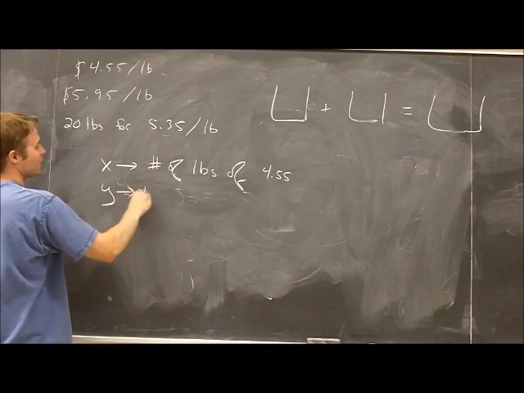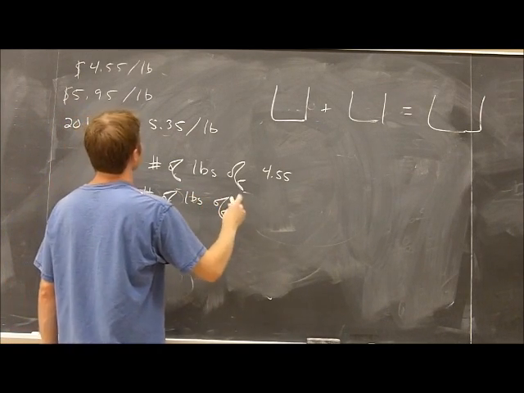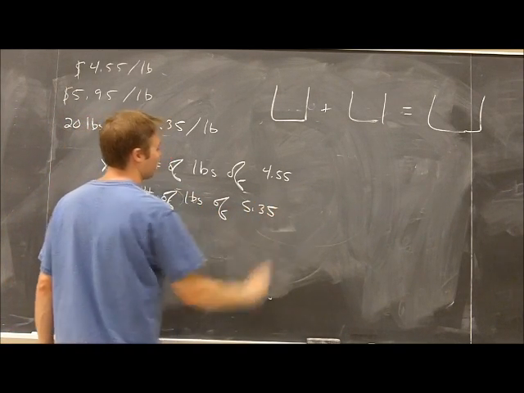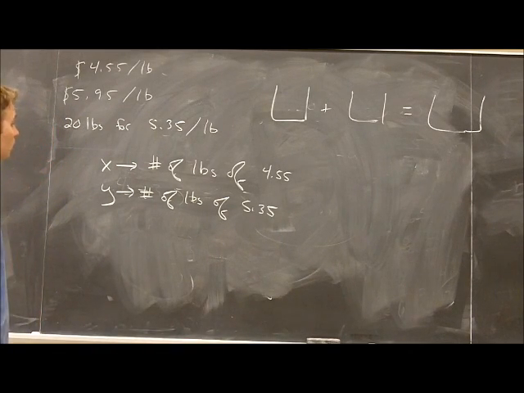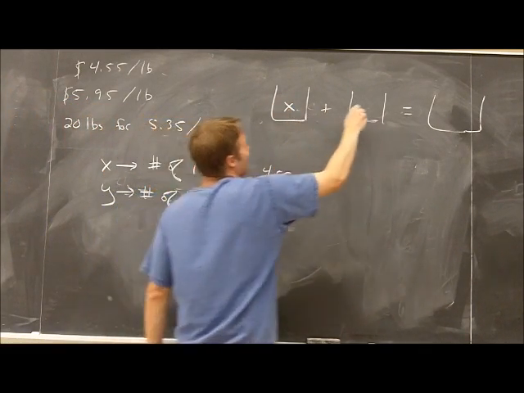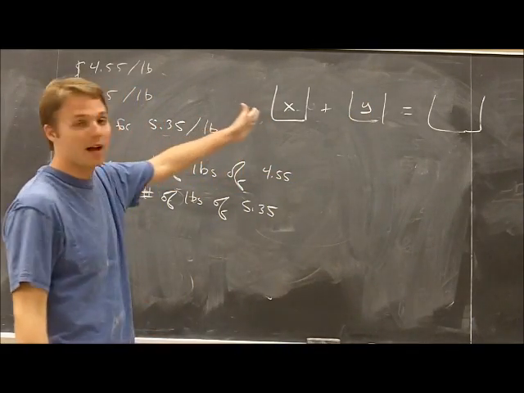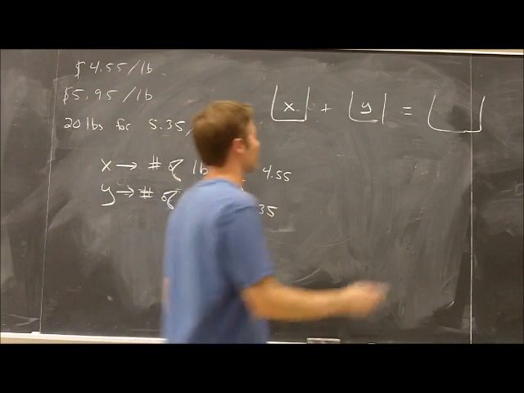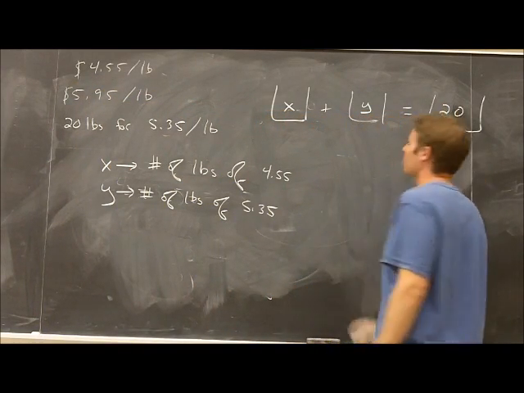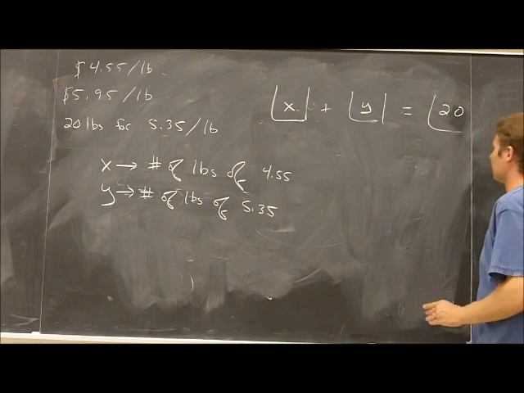And I'll let y be the number of pounds of the 5.95 coffee. So I know when I mix this together, however much x I have, when I mix it with however many y's I have, that's the number of pounds of each. Whenever I mix them all together, I better get 20 pounds. So that's my goal to get to.